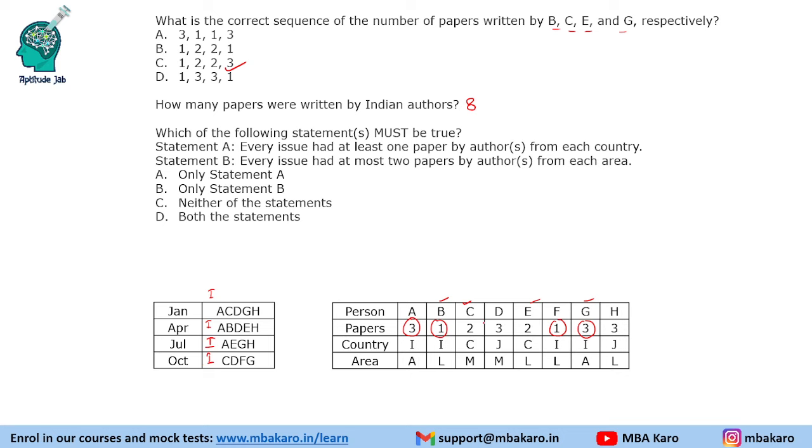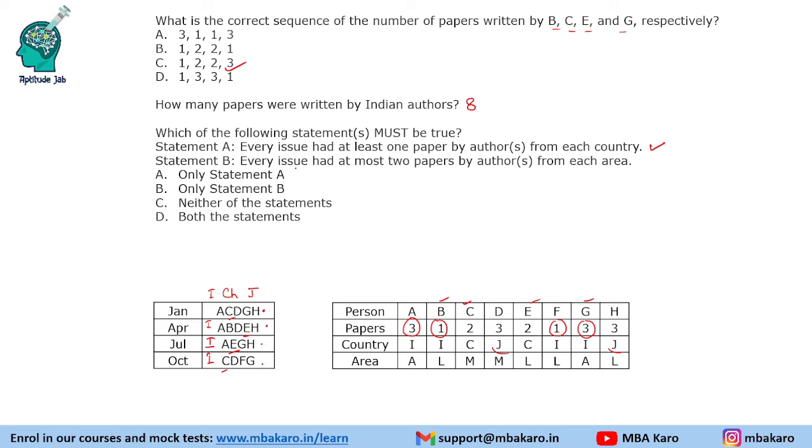Now China is C and E. C is present in first and last, and E is present in the central ones. So China also has a paper. Then Japan is D and H. D and H are both present in the first and second, H is present in the third one, and D is present in the last one. So Japan is also present in each one of them. So this statement is true.